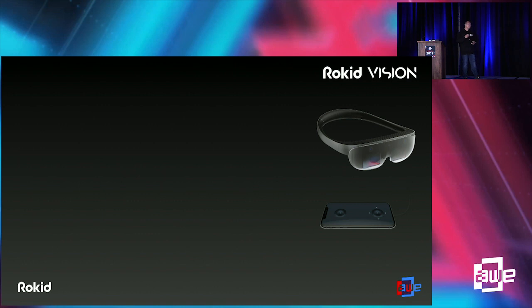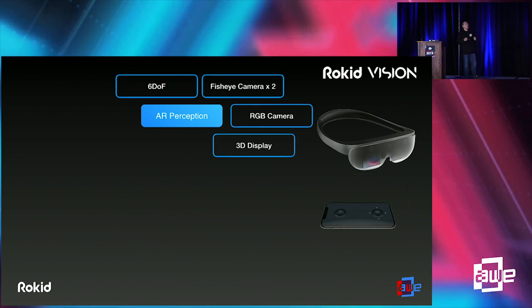So let's use Rokid Vision as an example. Because it's a tethered AR glasses, it has two different ways of data input. From the glasses, we have 6-DoF sensors mounted in the device. We have an RGB camera, and a 3D and a 2D display mode.